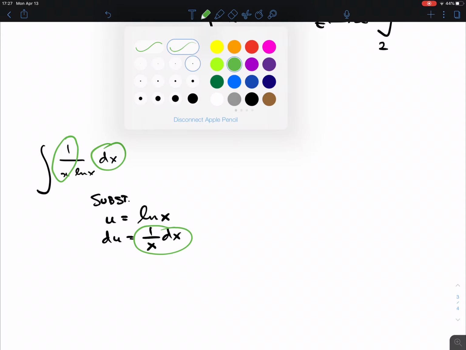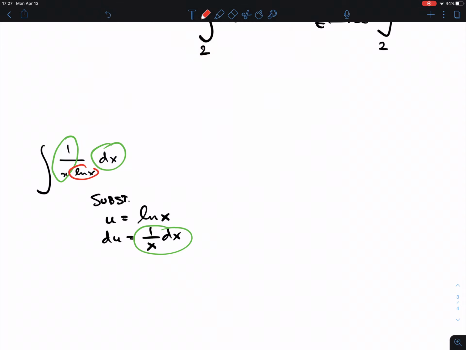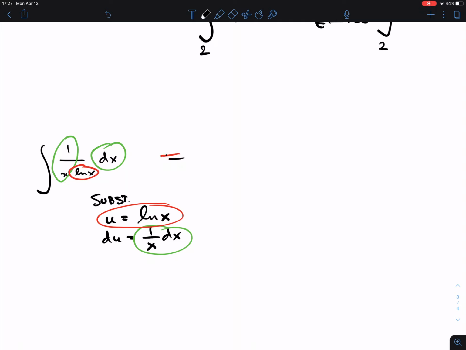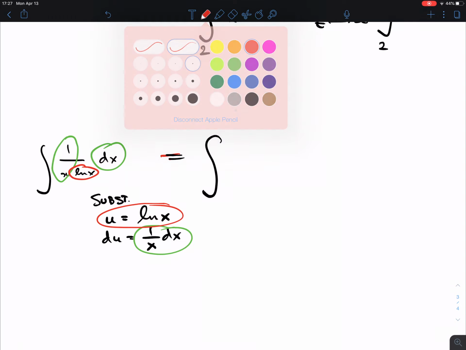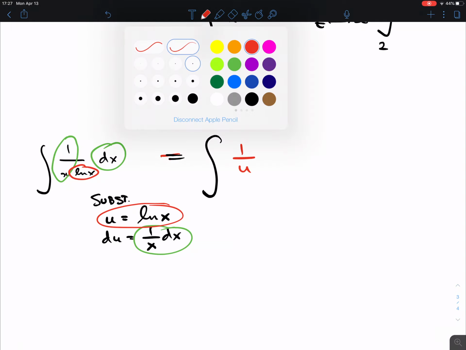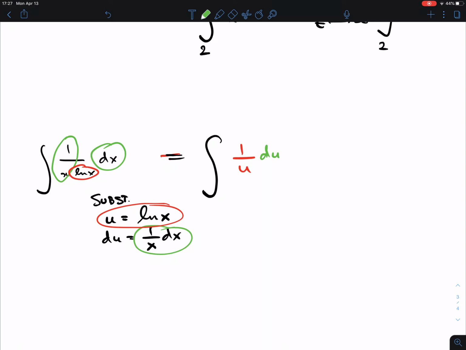The ln x will become u. So I can plug everything in. The first part is 1 over u now. What about the 1 over x? All that together is just du. So you see where everything comes from.